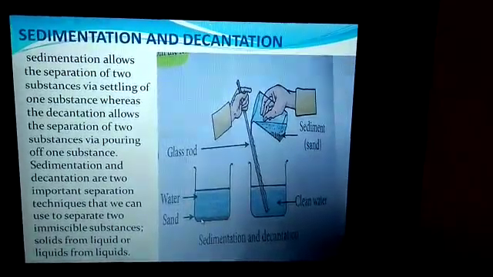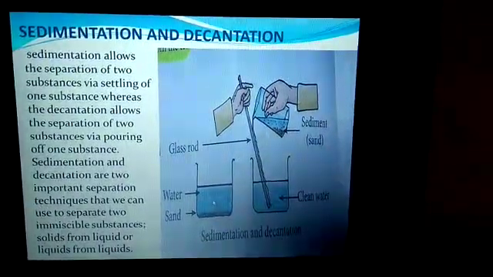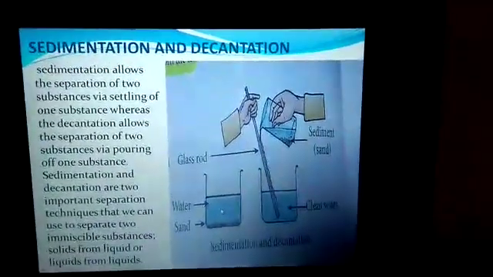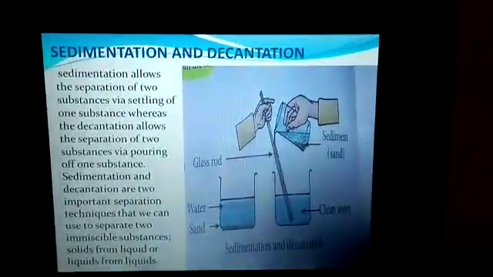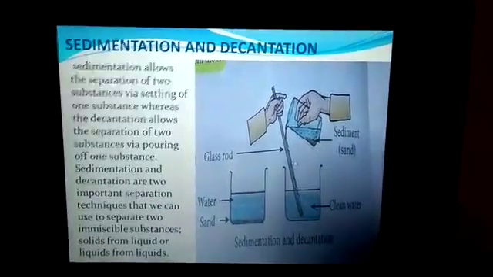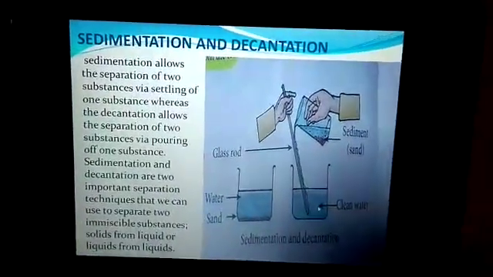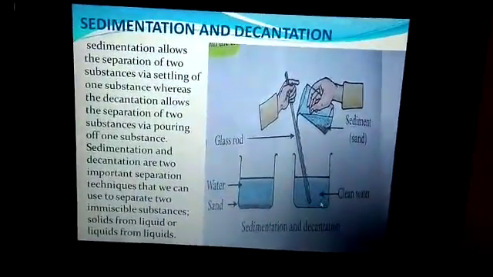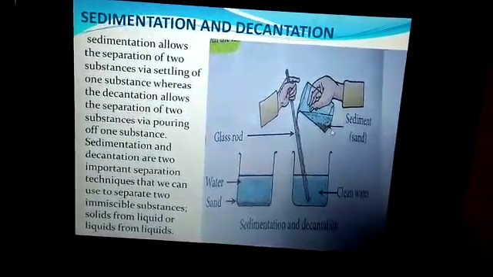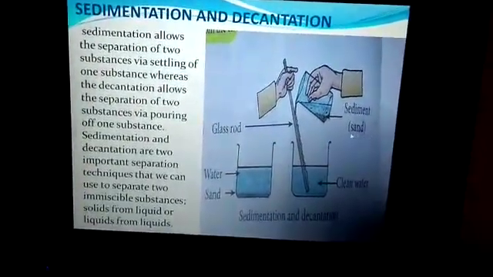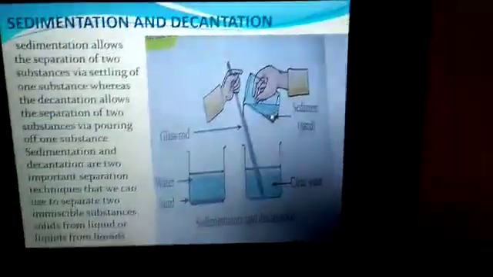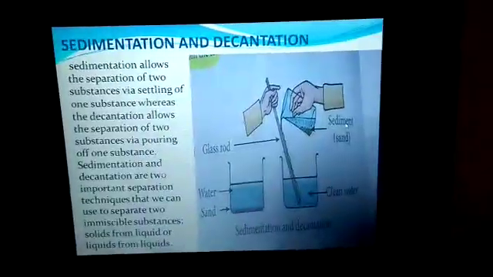Sand will settle at the bottom and water will be left over. After the sand settles, you can pour the liquid into another container and you will get the clean water there. In the container left, the solid particles which are left are called sediment.